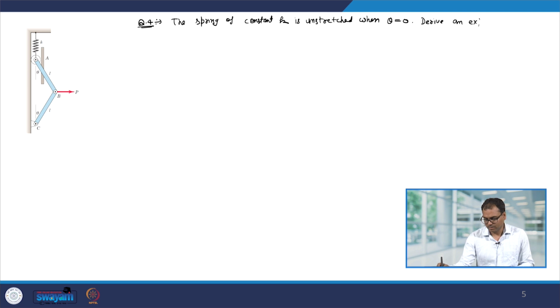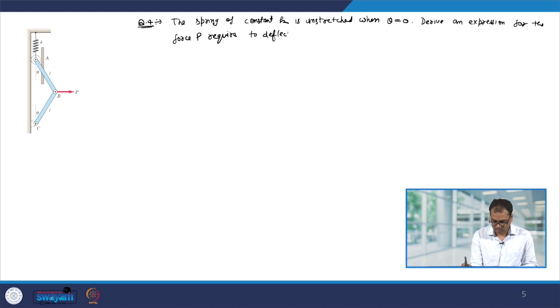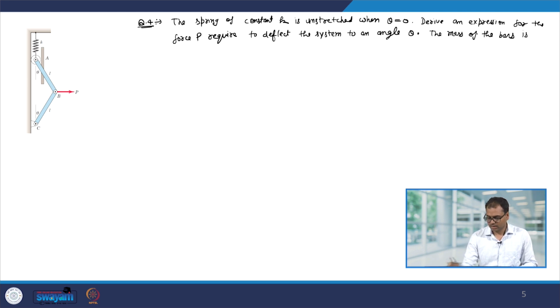Derive an expression for the force P required to deflect the system to an angle theta, and it is given that the mass of the bar is negligible.